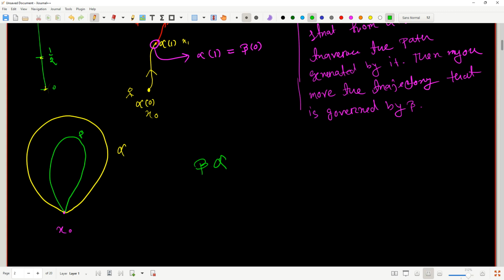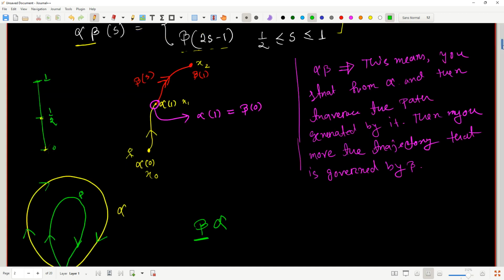It means that if you start from here and you go around the beta loop and you come back to x, that's what beta means. So you take the leftmost curve and you go around it, and then you go around this alpha as well, and you realize that this type of product of paths or loops also gives you another path or another loop.